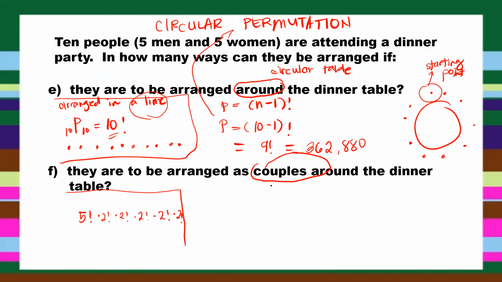So dito, dahil they are arranged also as couples around the dinner table, so magiging answer naman natin dyan is 5 minus 1 factorial, which is 4 factorial. And 4 factorial is equal to 24.